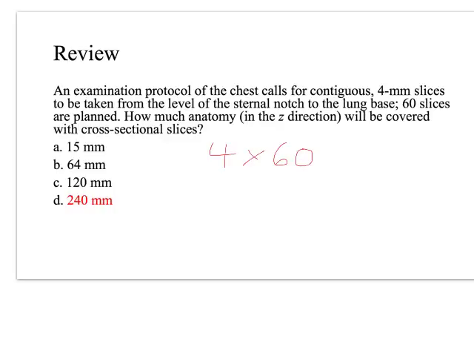So if I've got these 4 millimeter slices, I can multiply 4 times 60 and I'm going to get 240 millimeters. Are you tracking with me? This is not super complicated. I'm not trying to scare anyone with the math, but I want you to see that it's fairly simple. What we're talking about is the slice thickness translated along the z-axis direction over however many slices we planned, and this is asking us, is it possible to cover the area of the chest with that?